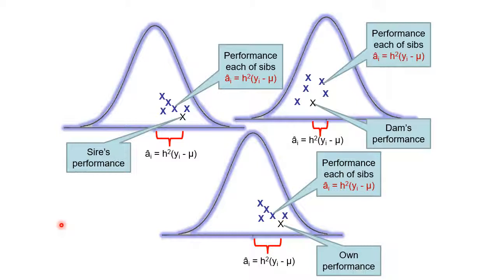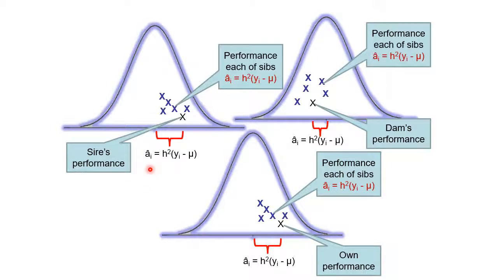glimpse from a different angle, if we have a specific bull within its own contemporary group, it was performing better than its peers. So these animals were all subjected to exactly the same environmental effect or fixed effect, and these little X's here represent the performance of other animals in that contemporary group, and that specific bull, the black cross X here, is the sire's performance.